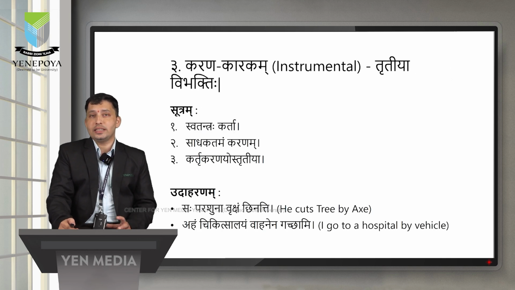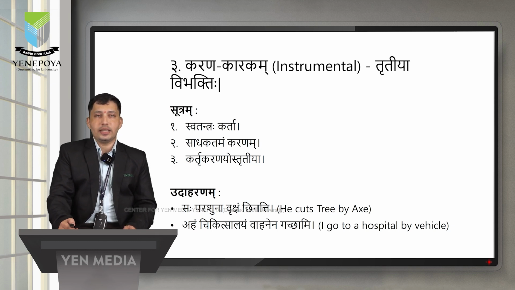Let's move to the third one, that is Karana Karaka. Karana Karaka is represented through Tritiya Vibhakti. Here there are three sutras: Swatantraha Karta, Sadhakatamam Karanam, and Kartru Karanayoho Tritiya. The first one is Swatantraha Karta. It says that Kartru Shabda or Kartru Pada will always be Swatantraha, always independent.